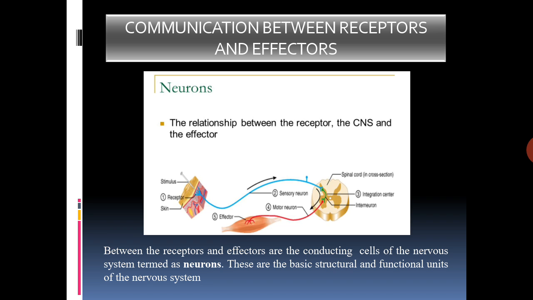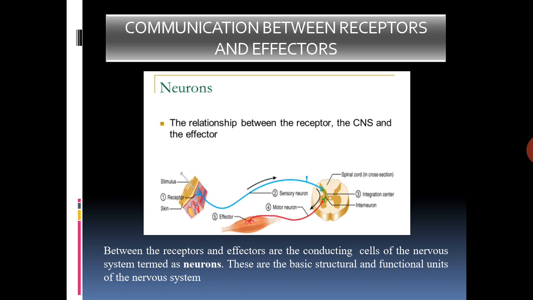These receptors may be specialized sense organs like ear, eye, skin. Now there are sensory neurons that carry electrical signals or impulses from these receptors or sense organs to the central nervous system. The central nervous system consists of the brain and the spinal cord.